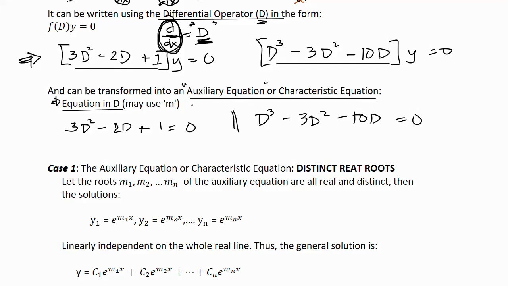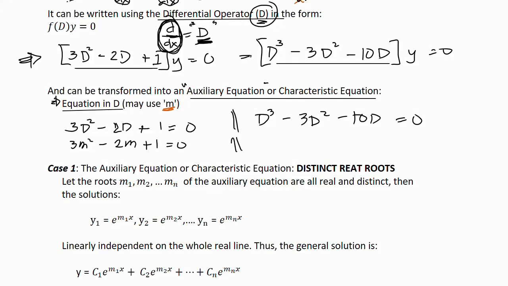But in other textbooks, they use m instead of D. So aside from using the letter D, let's use m so that it will not be confusing with the differential operator D. So the equation will look like 3m squared minus 2m plus 1 is equal to 0.